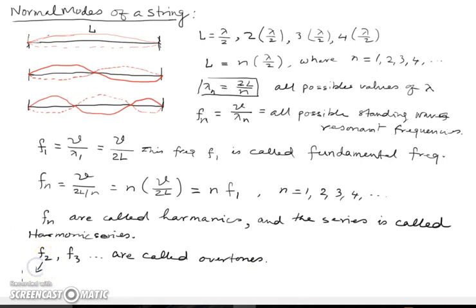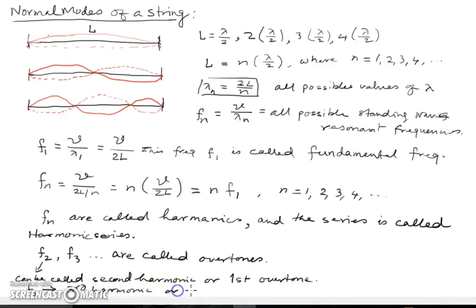F2 can be called second harmonic or first overtone. Okay, F3 can be called third harmonic or second overtone.